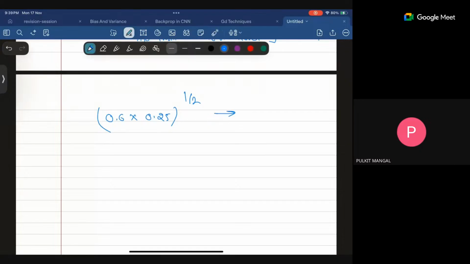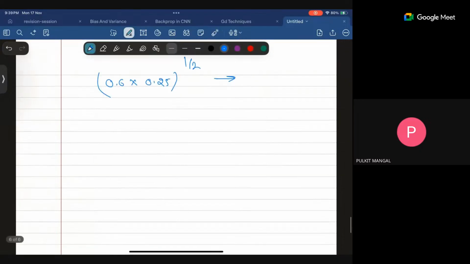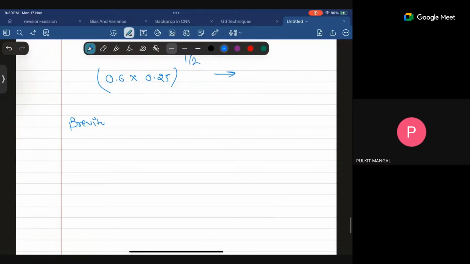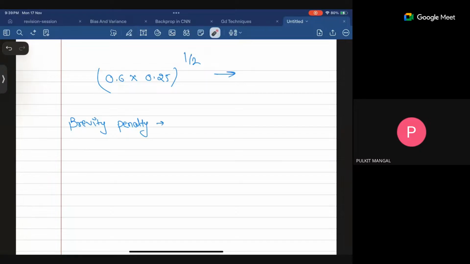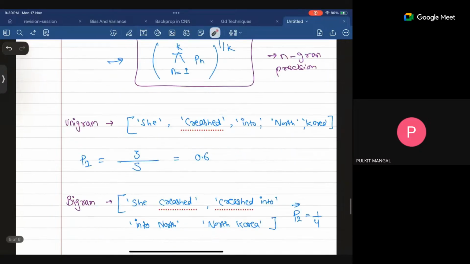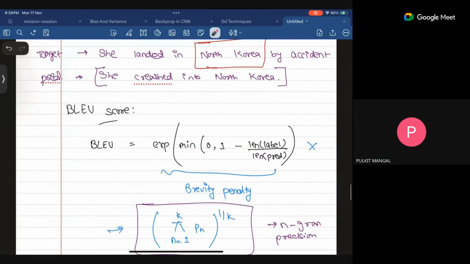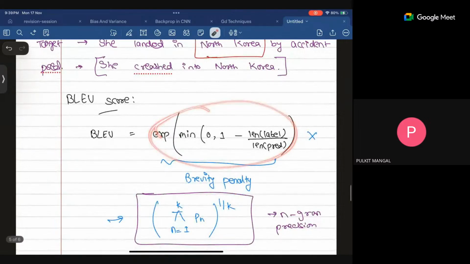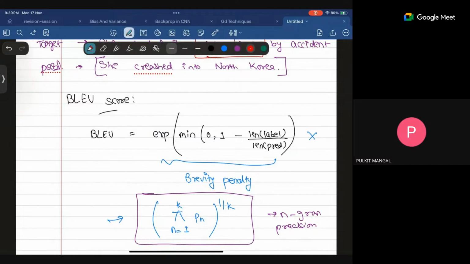That was for just n-gram precision. But you also have the second term, that is brevity penalty. The need for using brevity penalty is for the short sequence. If you do not take into account the brevity penalty and you just take into account this term only, then suppose your model, instead of "she crashed into North Korea", predicted only "North Korea".